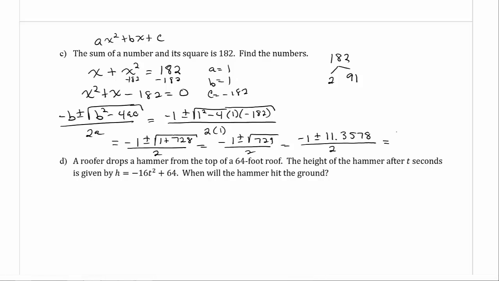Negative 1 plus 11.3578. And then divide that by 2, and we get 5.1789, and then -1 minus 11.3578, and divide that by 2, and we get -6.1789.